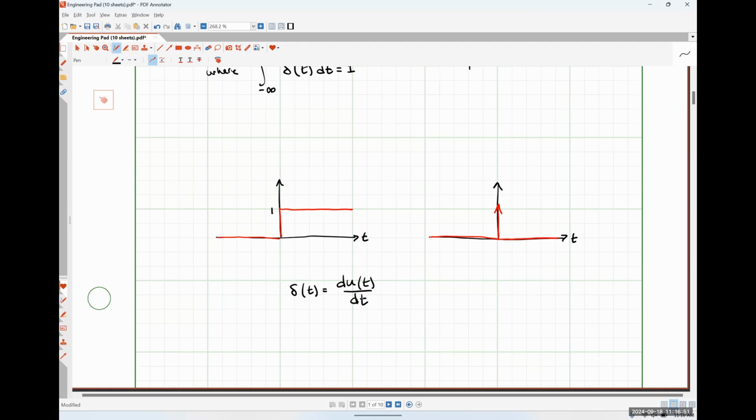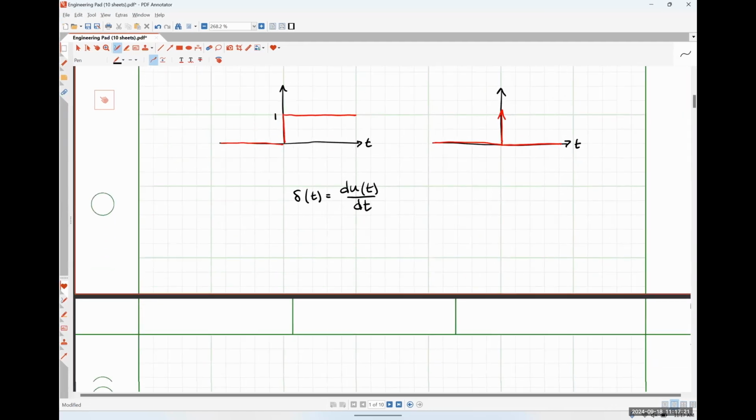If we wanted a value of 5 at t equal to 0, we would just have 5 delta of t. And if we wanted it to increase to 5.1 at t equal to 0.0001, we would just add another delta function that gives us that, and we could construct any signal point by point. That property is what's called the sifting property of the Dirac delta function.